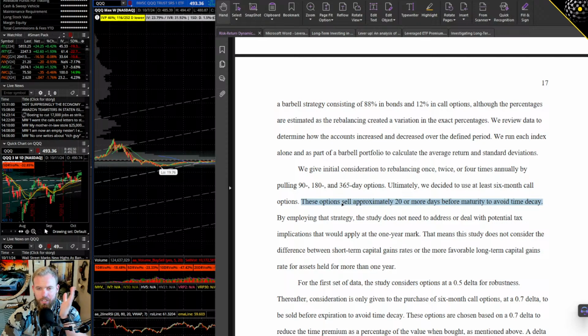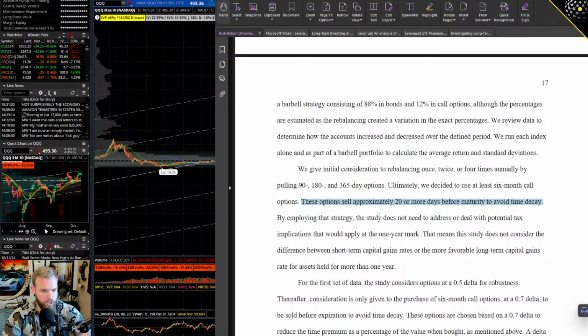This is why, with the undergrad stuff, I already know what to expect from it, because the professors overseeing the research are going to look at it, but they're not going to tear it apart. So these options sell approximately 20 or more days before maturity to avoid time decay. Yeah, I'm assuming they mean sell these options.